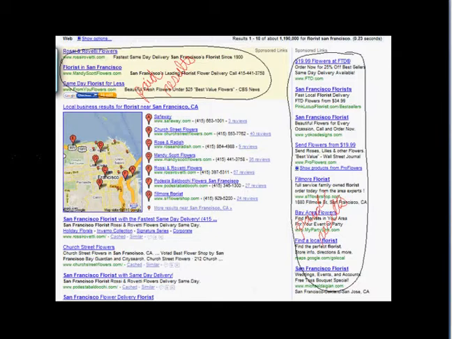Now let's explain Google results so we can talk about the same thing here. For example, the top shaded area, those are sponsored links or paid results, as well as the results on the right. They're pay-per-click.